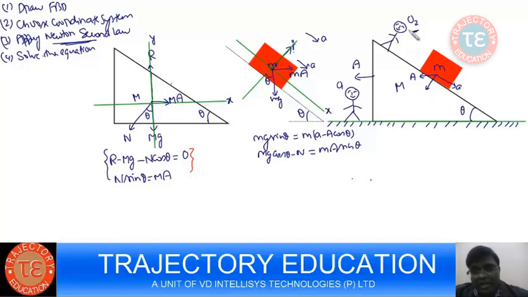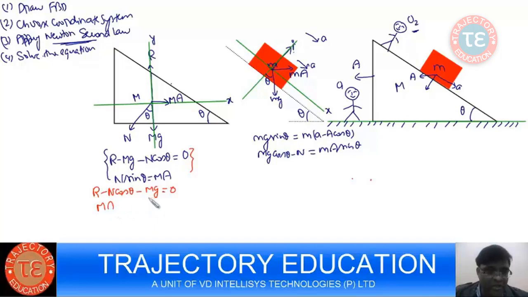I apply the pseudo force. Applying pseudo force makes him eligible to write Newton's second law correlating his observation. So the wedge is in equilibrium, so I can write R minus N cos theta minus mg is 0. Net force in y direction is 0. You don't have any acceleration in x direction as well. So net force in x direction will also be 0.